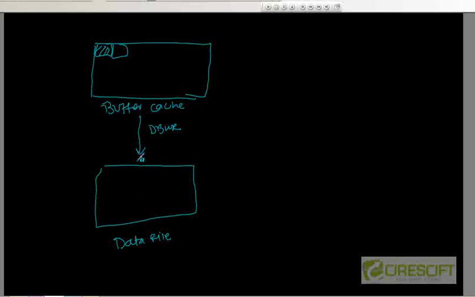You flush only when a checkpoint happens. Essentially DB writer collects these dirty buffer blocks and gives them back to the operating system.